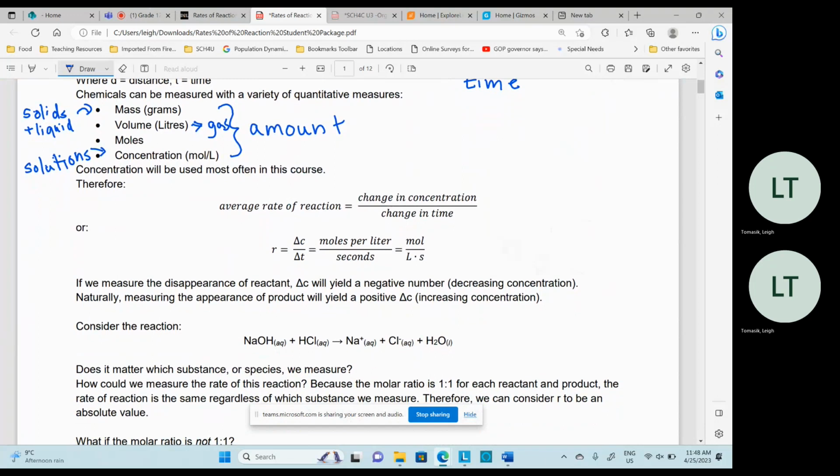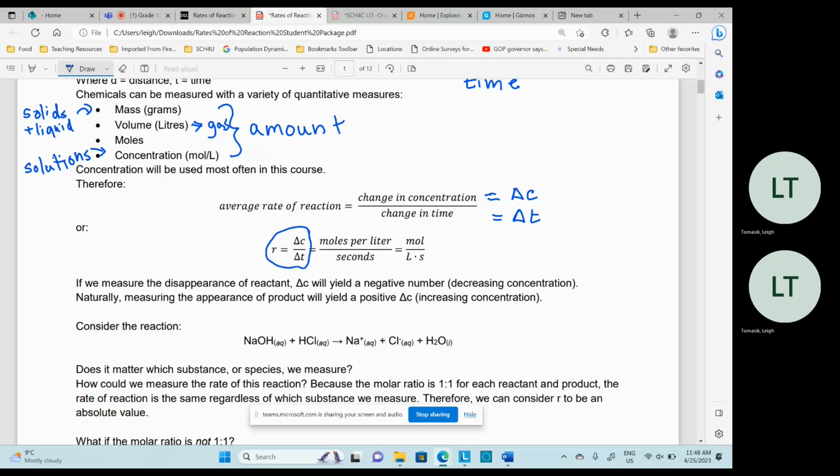So we have rate equals delta C over delta T. The change in concentration is delta C, and the change in time is delta T. We don't want to have to write change in concentration over change in time every time we calculate something, so this is the short form. This is our new formula.